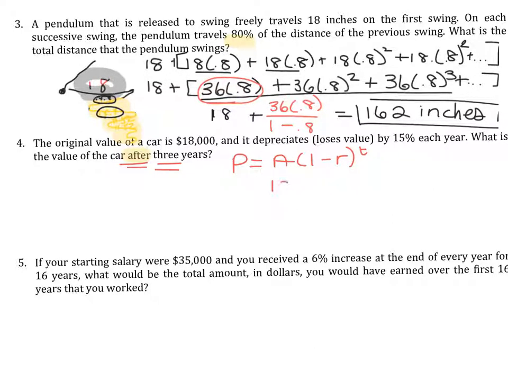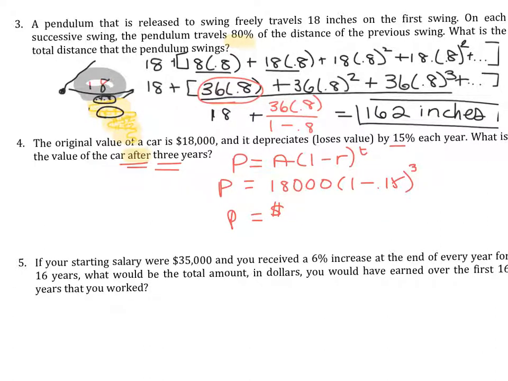So it would be 18,000 times 1 minus 0.15 to the 3 years. So here, if I type all that in my calculator, I get P equals 45,000.